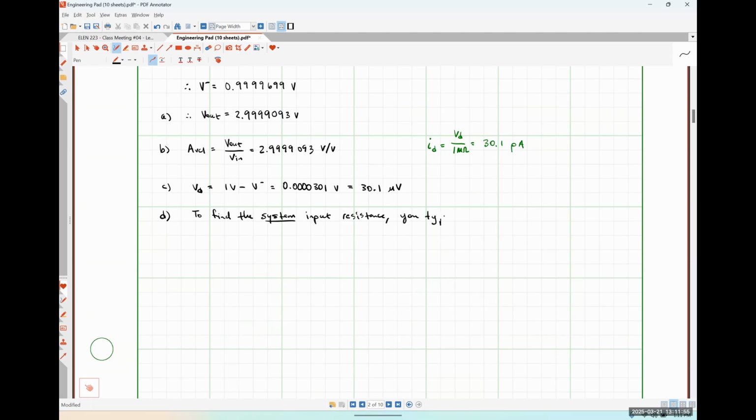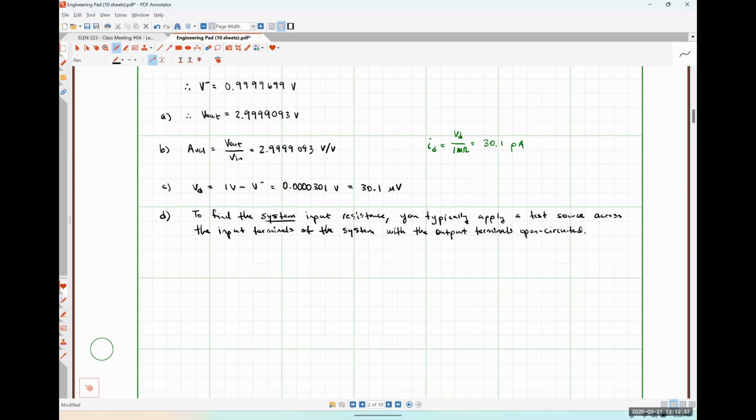You typically apply a test source across the input terminals of the system with the output terminals open circuited.